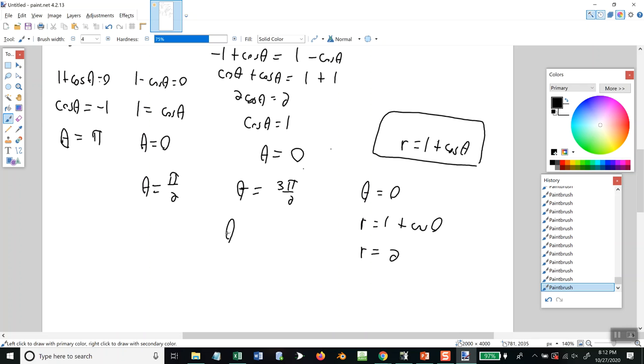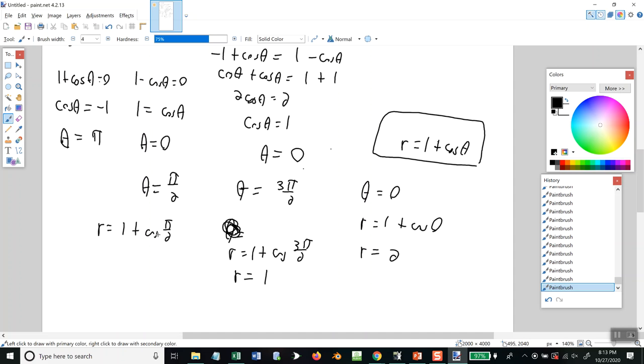Let's see this one. r is equal to 1 plus cosine of 3 pi over 2. Cosine of 3 pi over 2 is 0. 1 plus 0 is 1. 1 plus cosine pi over 2, which is 0. So r is equal to 1.